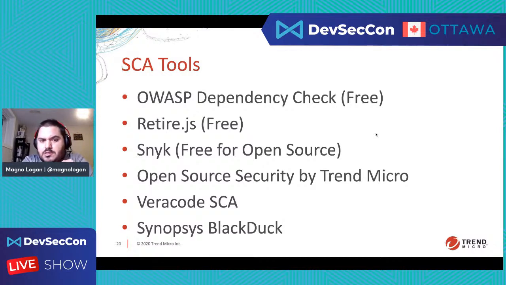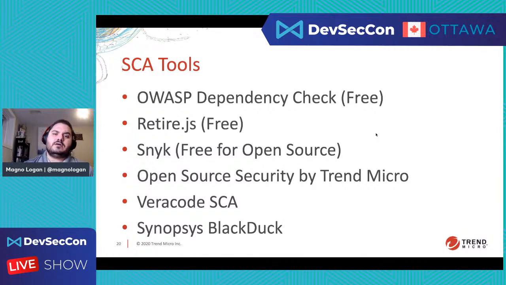If you want to try something that's open source, I would recommend checking out Dependency Check, which is an OWASP project that has been out there for a while now, and it supports different languages, mainly Java and .NET, but other languages as well. It's open source, you can start using it right away, and you have plugins for different CI/CD tools as well. So it's a good one to try out, especially if you're using those languages, right?